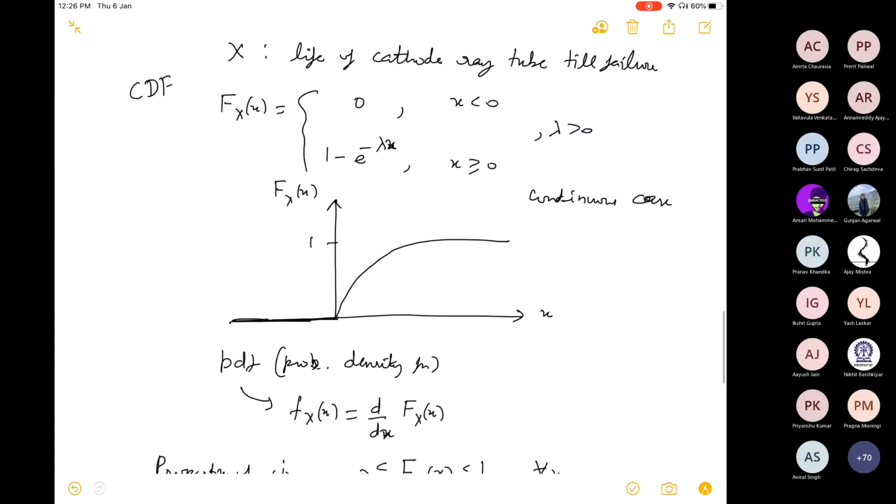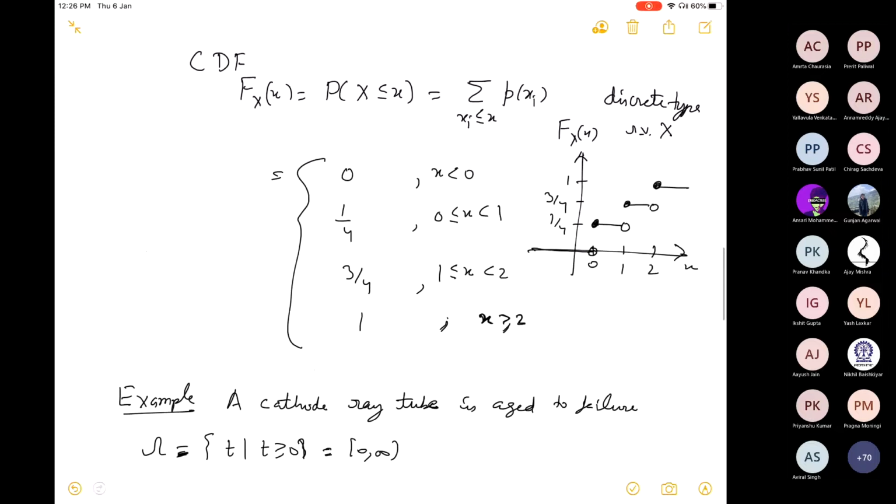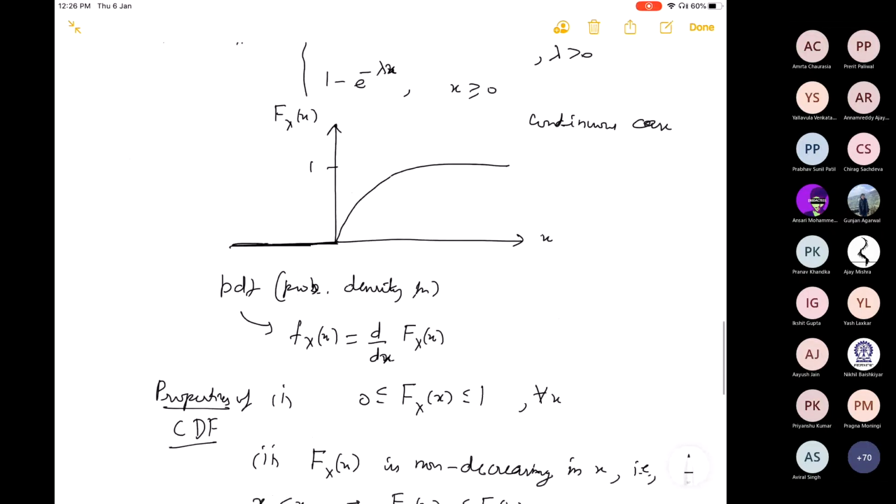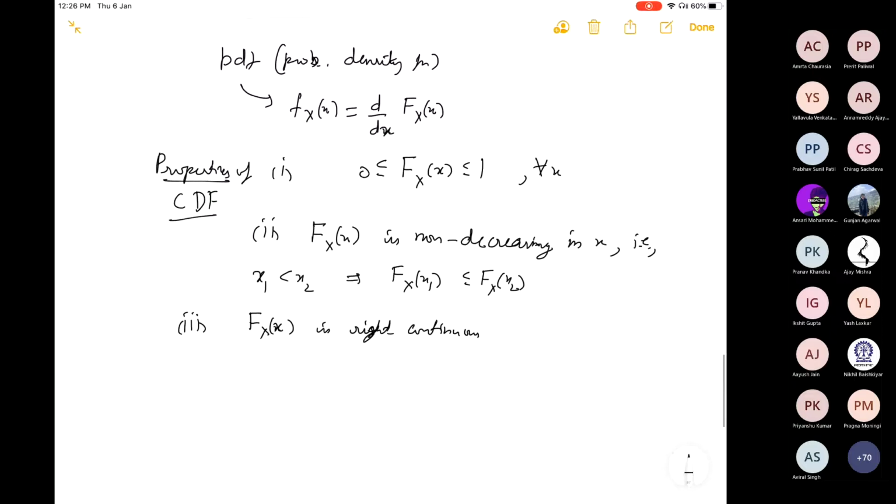Because you can see in this case it is continuous, but in the discrete case, when you are coming from the right side, you will get the value. When you are coming from the left side, you may not get the value at certain points. For example, at 0, 1, 2. So that is Fx x plus, where small x is basically a point.